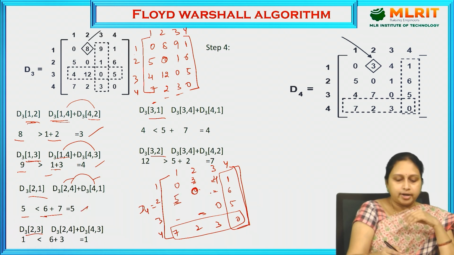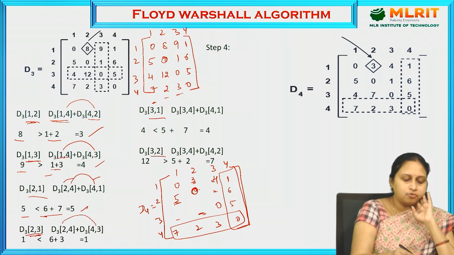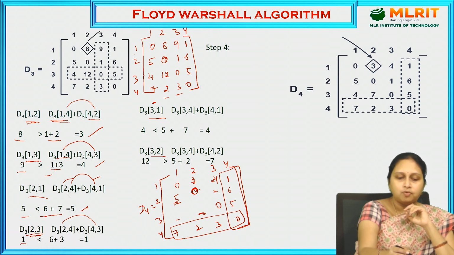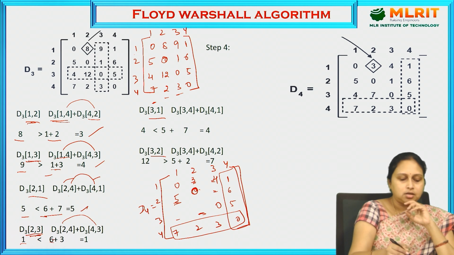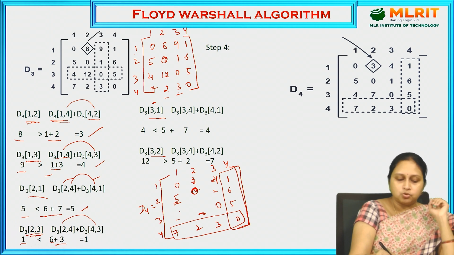Next, we need to find the 2, 3 value. 2, 3 value, how can we write? 2, 4 and 4, 3. What is the 2, 3 value? 2, 3 value is 1 and 2, 4 value is 6 and 4, 3 value is 3. So 6 plus 3 is 9, but 1 is less than 9, so we need to place 1 here.